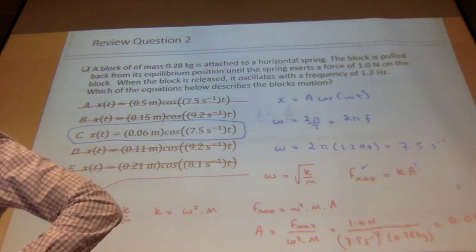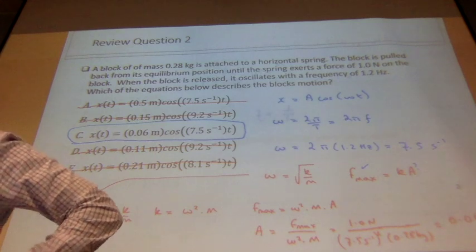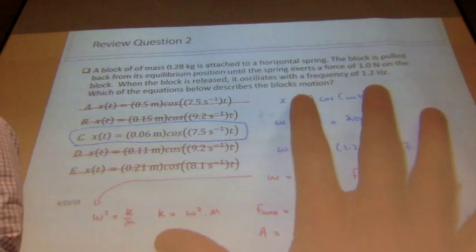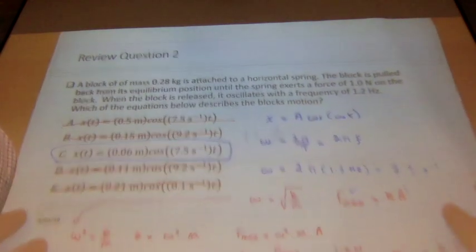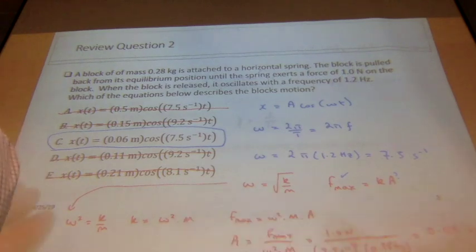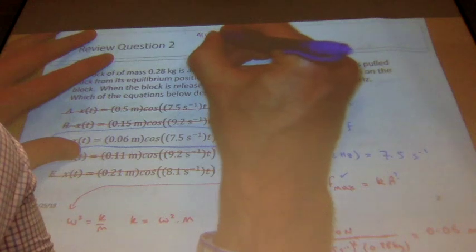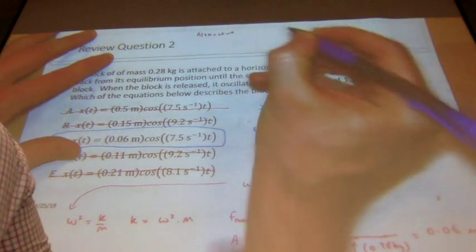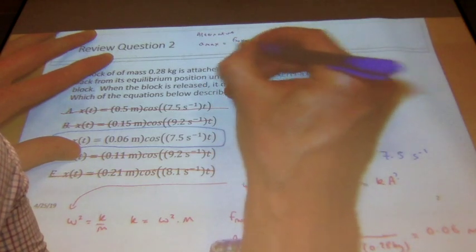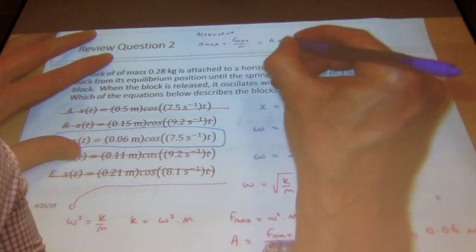Does everybody understand that? Is that the way you went? Some of you did, some of you didn't. It just didn't pop up in my head, but I'll do it up here. It's a little bit of a mess, but let's see if I can. Alternative: we know that A max is F max over M. And then we know that that's A omega squared.